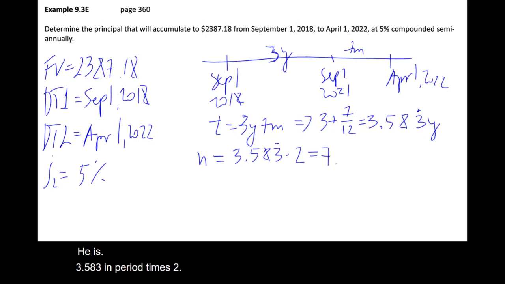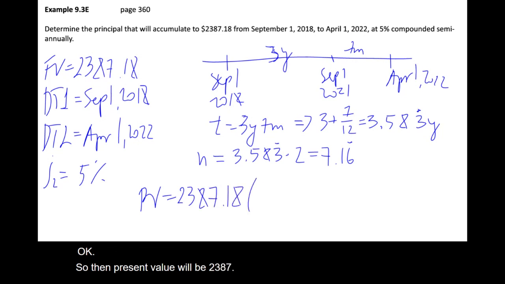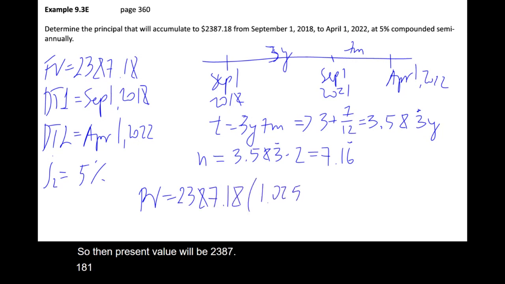That is 7.16 in period. Okay. So then present value will be 238718 times 1.025 to the exponent negative 7.16 in period.